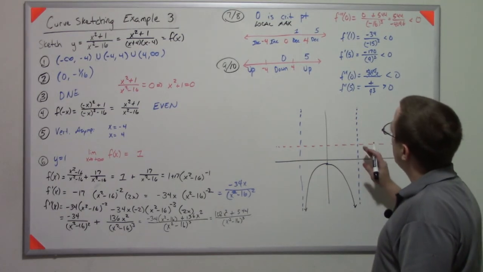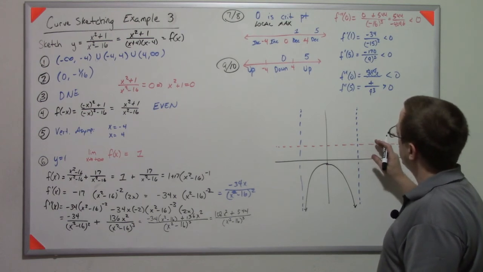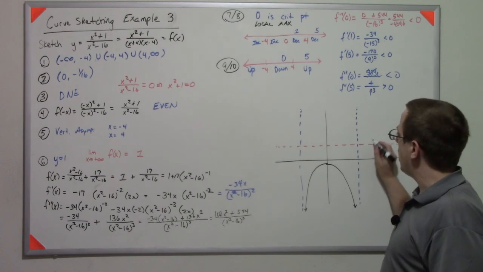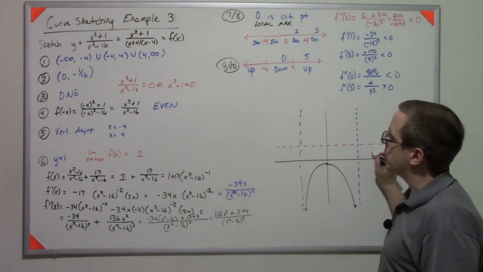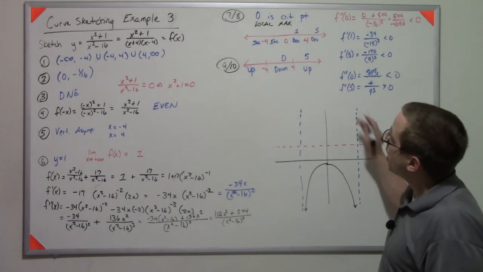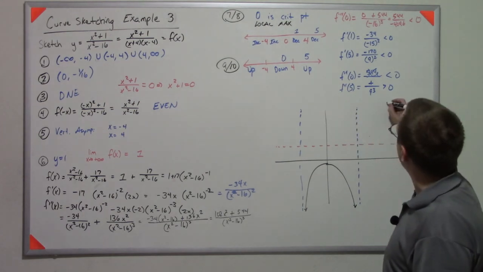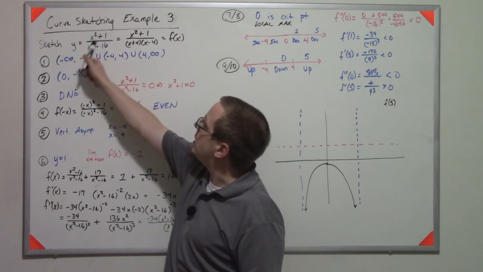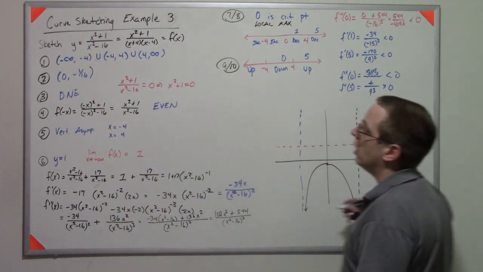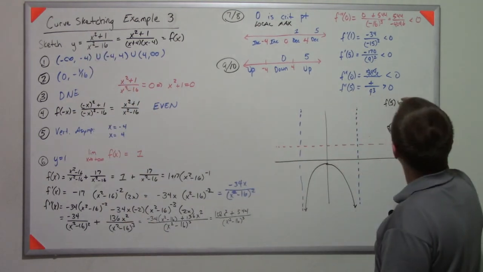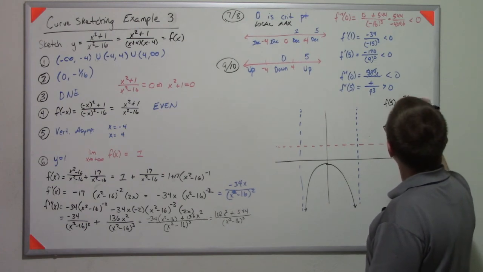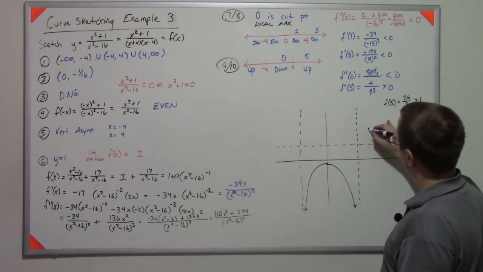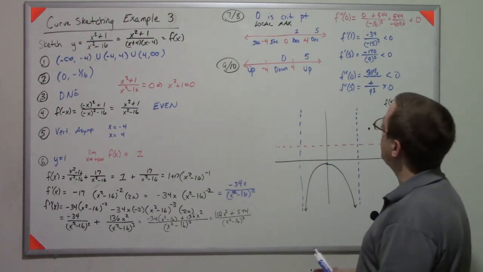And then after the asymptote, you might ask yourself the question, once I'm over here, am I above the asymptote or am I below the asymptote? So what we might want to do is take f of 5. If I plug that in, I get 26 over 9, which is greater than 1, so I know that I'm up here somewhere.